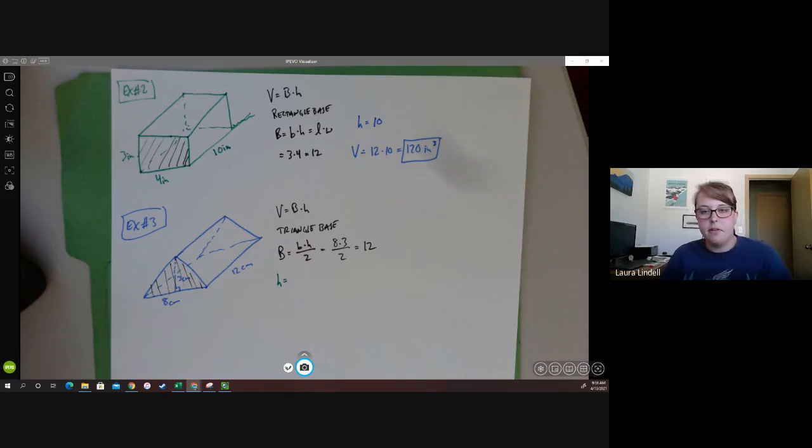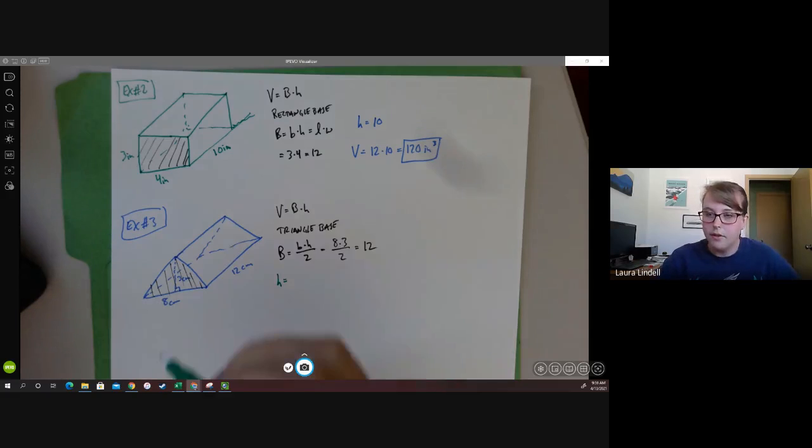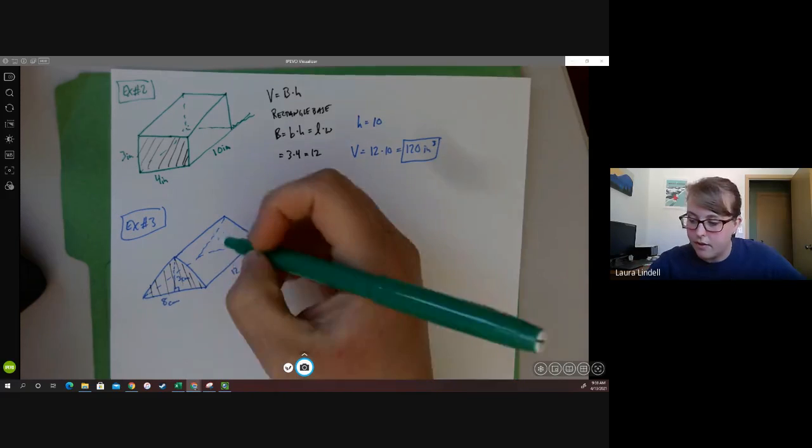What's that height going to be? Somebody knew. Don't make me cold call somebody. What do we think? What's the height for this? In this case, it might be better to term it the length. What's the distance between the two faces here?